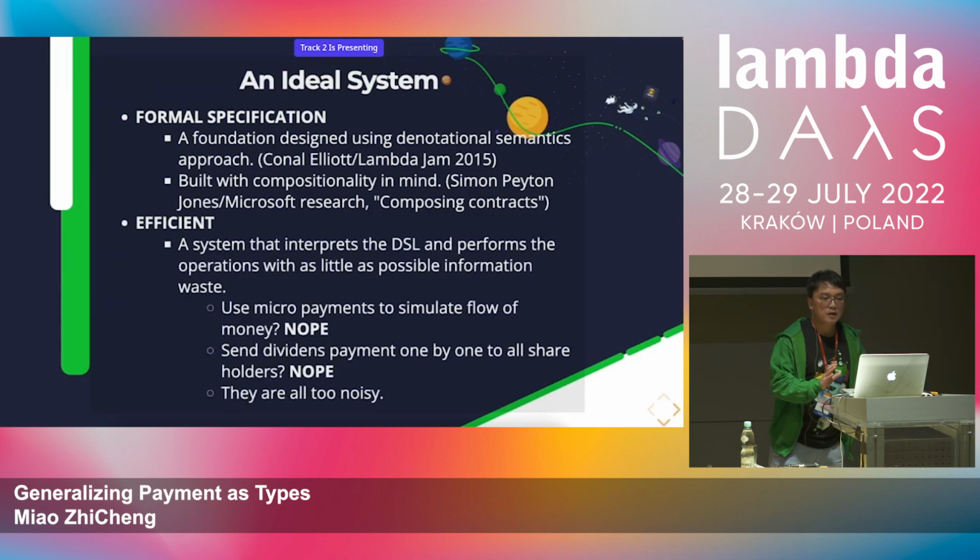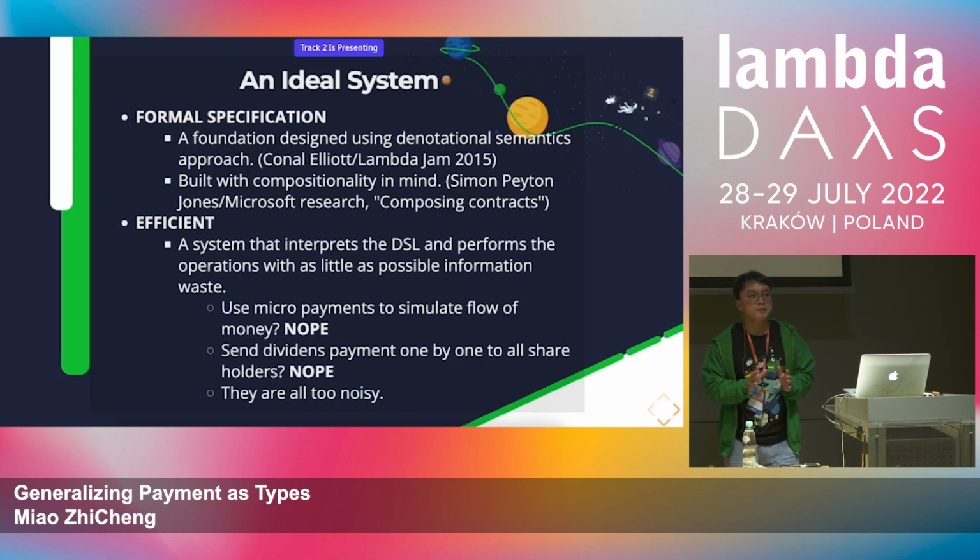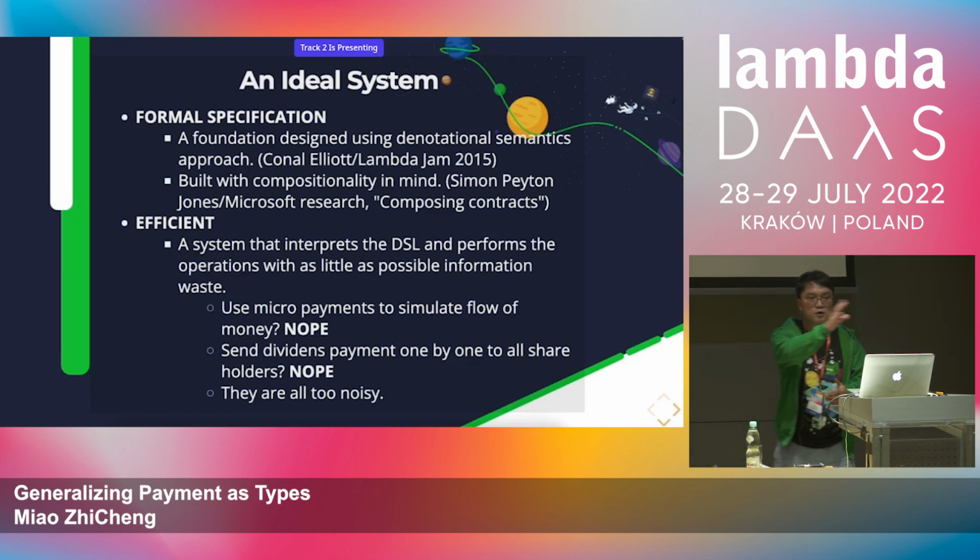So the next thing is about efficiency. All the things I described before in the existing systems, there's no efficiency. Why? Because you're only simulating the effect. I'm talking about a system that can interpret the DSL. So all those payment requests I described, you can think of as some sort of proto idea of the DSL, right?